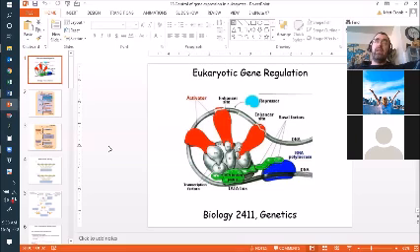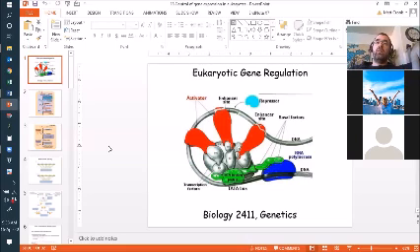Because in the majority of cases, not all of them, what we're talking about is how much functional protein you have present to do the job that protein is supposed to do, right? If you think about it, we're going from DNA, and we've got a lot to do on that as well, to protein, and all the steps in between are subject to regulation, right?